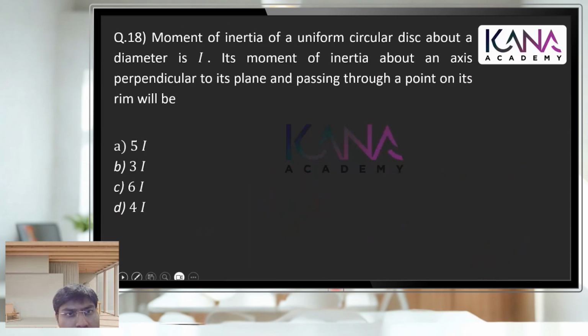Okay. Then next question. It's a moment of inertia for a uniform disk about a diameter. They have given that as I. And we need to find the moment of inertia about an axis perpendicular to the disk through a point on the rim. So for a disk, the moment of inertia about a diameter is m r square by 4. This implies I is m r square by 4, so m r square equals 4I, right?